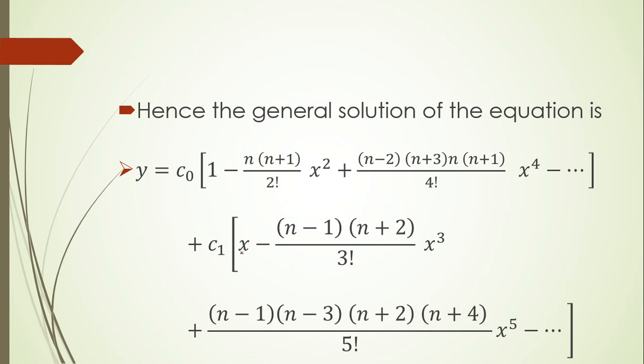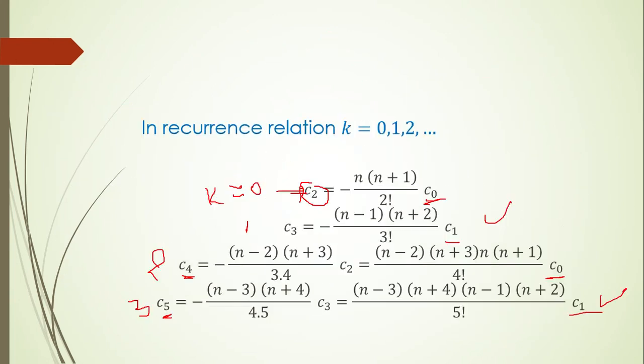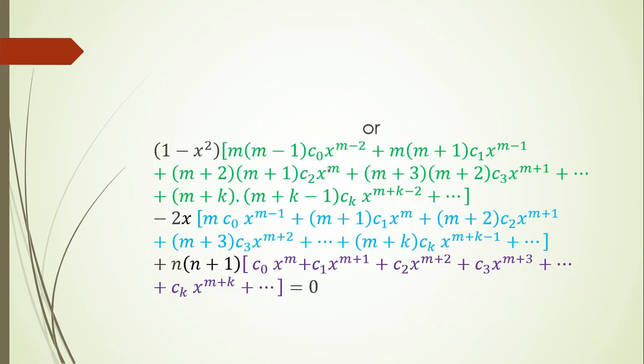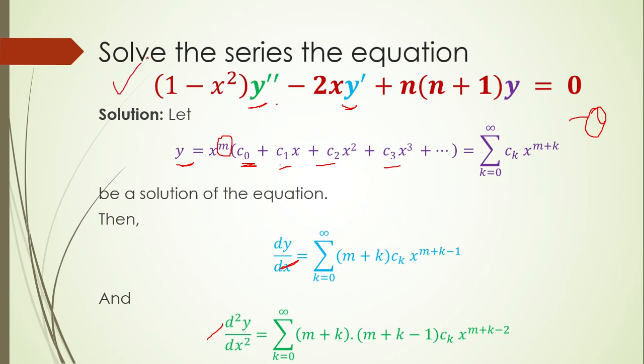This is the solution of Legendre's equation, (1 minus x squared) times the second derivative of y minus 2x times the first derivative of y plus n(n plus 1) y equals 0. This equation is Legendre's equation.